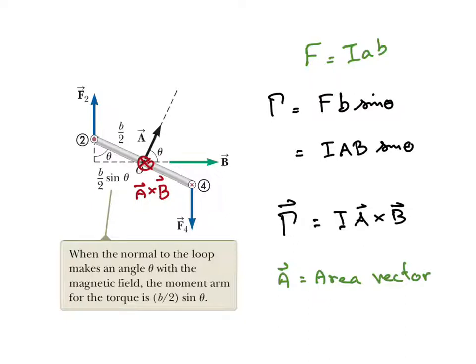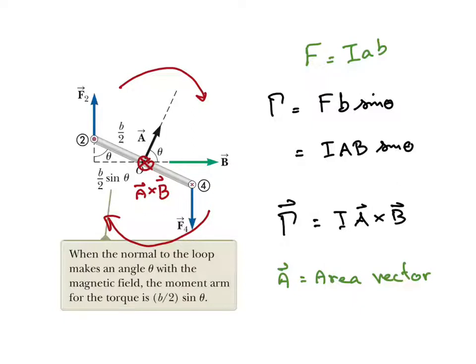You can see that you have the force F2 pointing in this direction, force F4 pointing in this direction. So these two forces try to rotate the plane clockwise, like this. If you point your thumb inward in this direction and curl your forefinger, you can see that your forefinger will curl in this direction also.